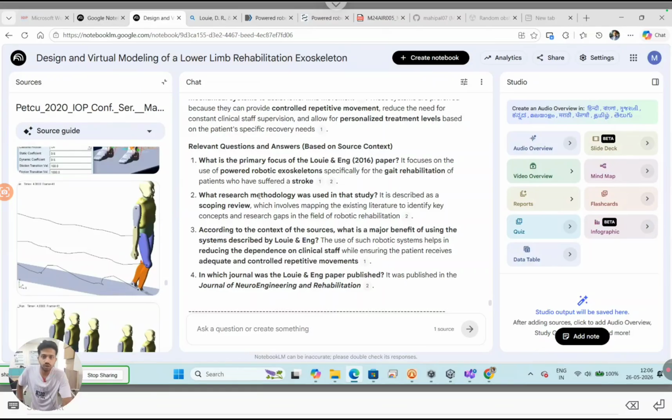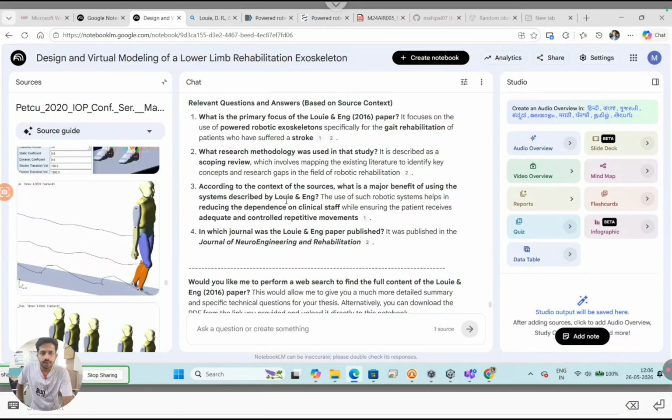It is described as a scoping review, which involves mapping the existing literature to identify key concepts and research gaps in the field of robotic rehabilitation. The use of robotic systems helps in reducing the dependence on clinical staff while ensuring the patient receives adequate control and repetitive movements.